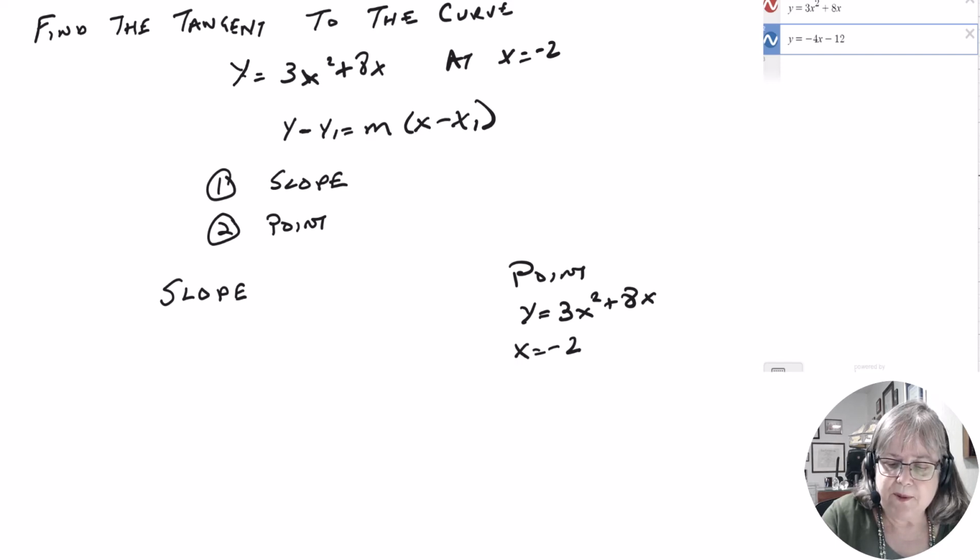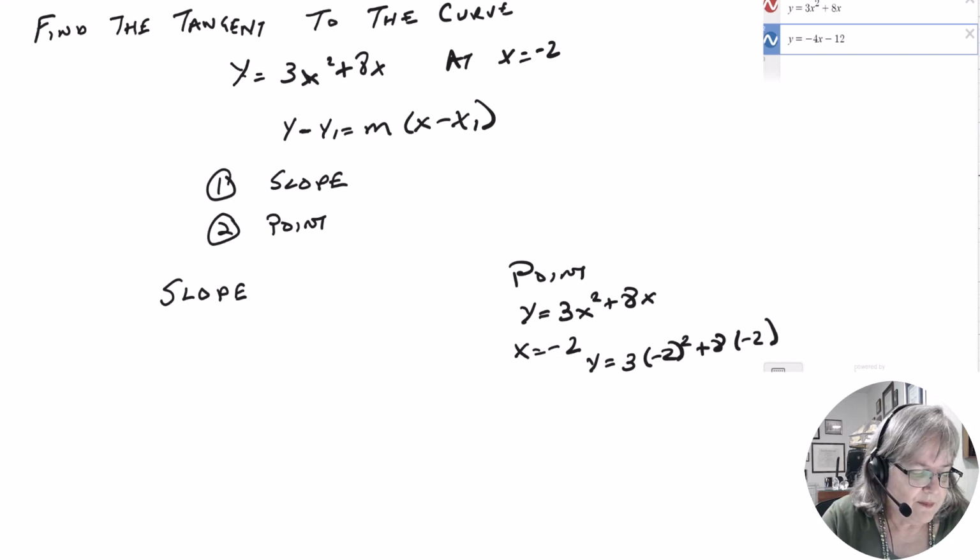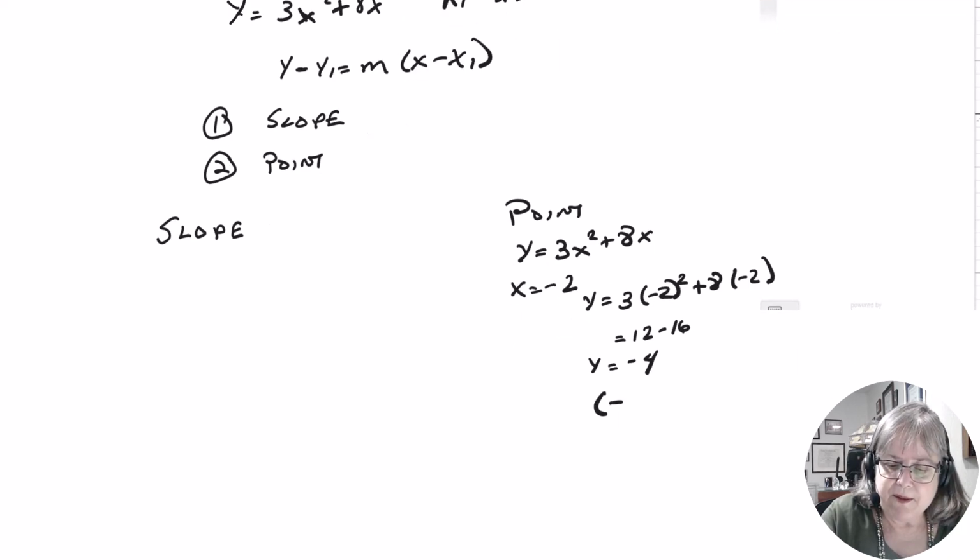So if you substitute that in there, you'd have y is equal to 3 times minus 2 squared plus 8 times minus 2. And so this would be 12 minus 16. So y is negative 4. So your point is negative 2, negative 4.